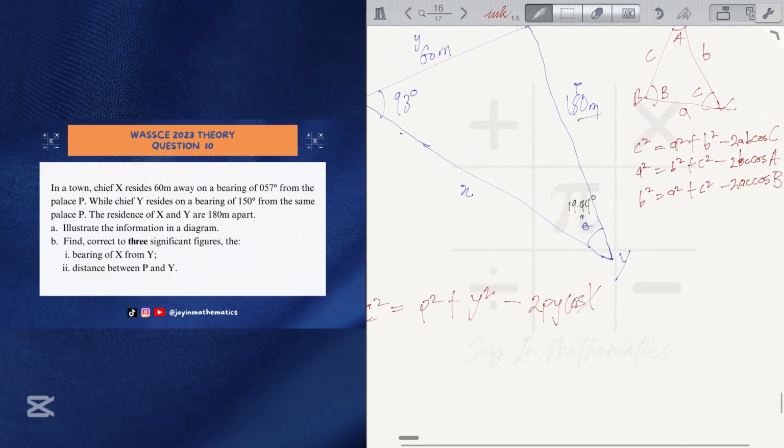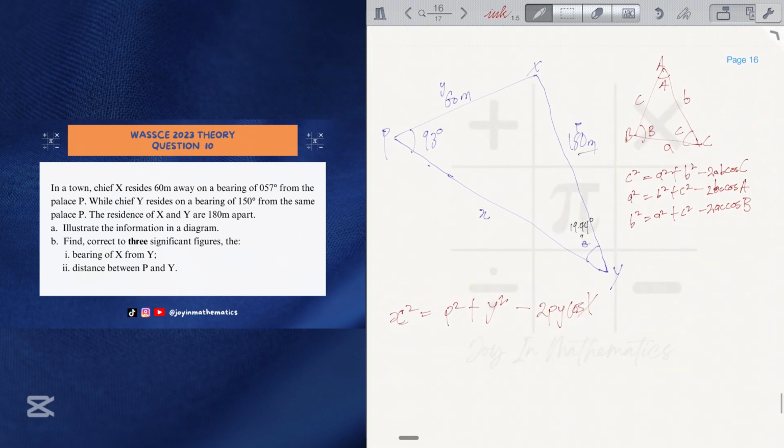I believe we should be able to use this formula because we can now evaluate angle x. This is because length p is equal to 180, y is equal to 60. We have p, we have y, and this angle x is simply this angle x. So now let's evaluate angle x first.